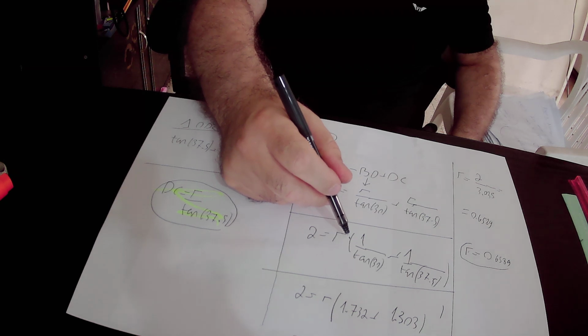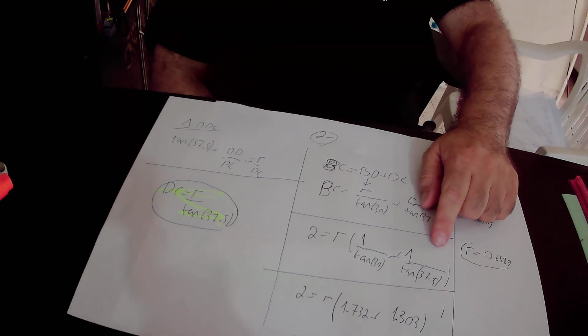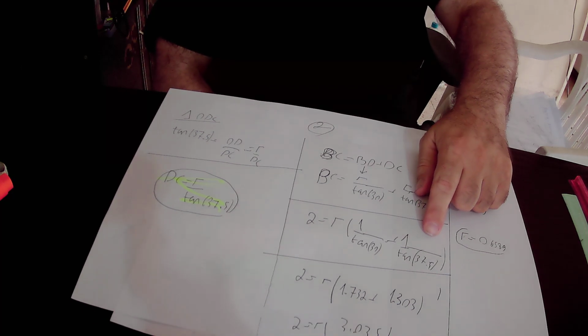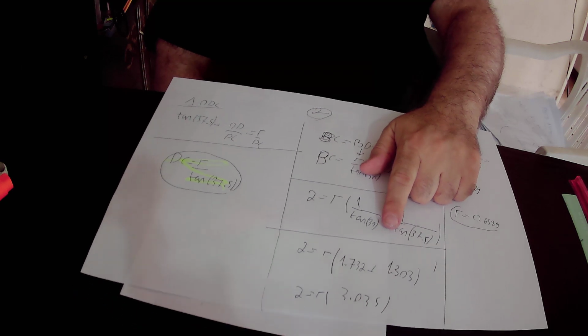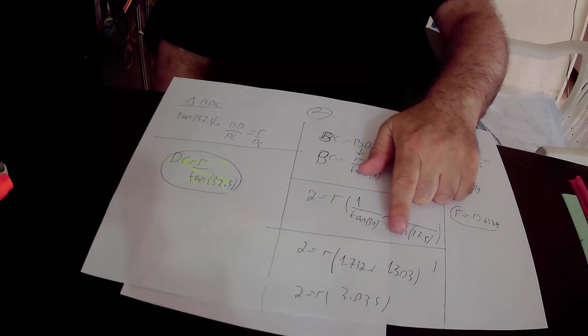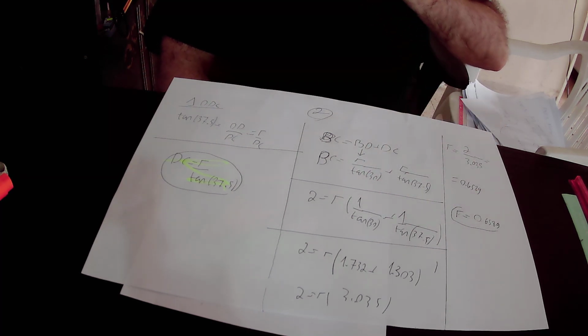1 over tan 30 degrees is 1.732. 1 over tan 37.5 degrees is 1.303. And 1.732 plus 1.303 is 3.035.